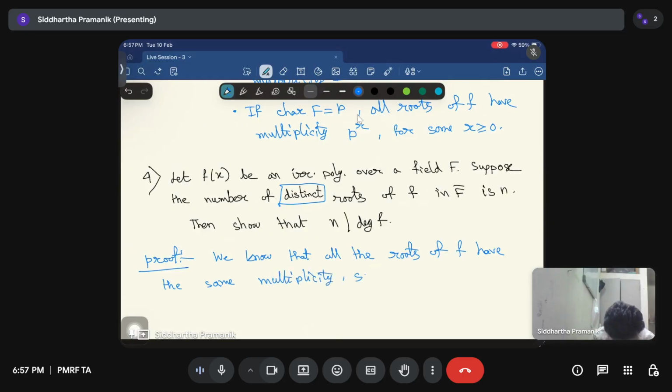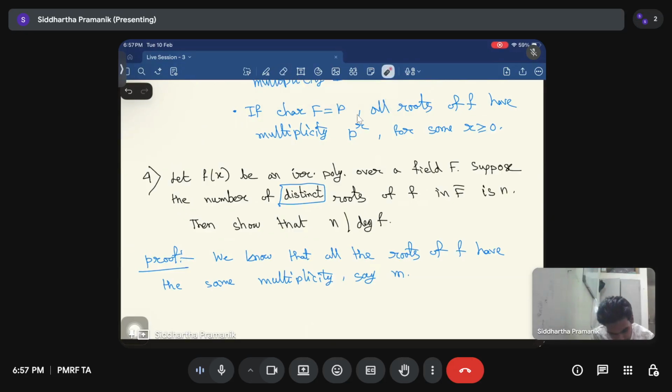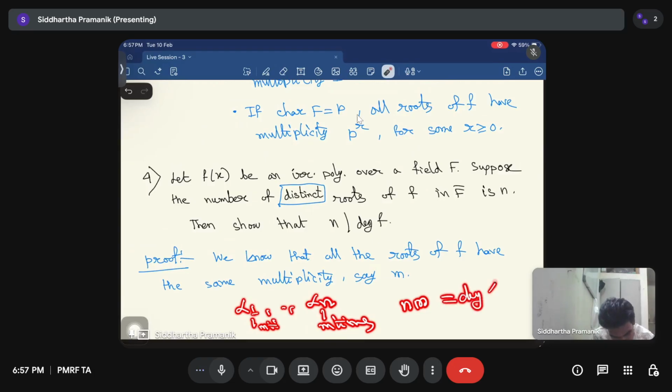Okay, let's say it is m and it has n distinct roots. So let's say alpha 1 up to alpha n, it has n distinct roots, but it has alpha 1 m times, alpha n m times. So the total number of roots is n times m, and the total number of roots has to be equal to the degree of f. So that means this n has to divide the degree of f.